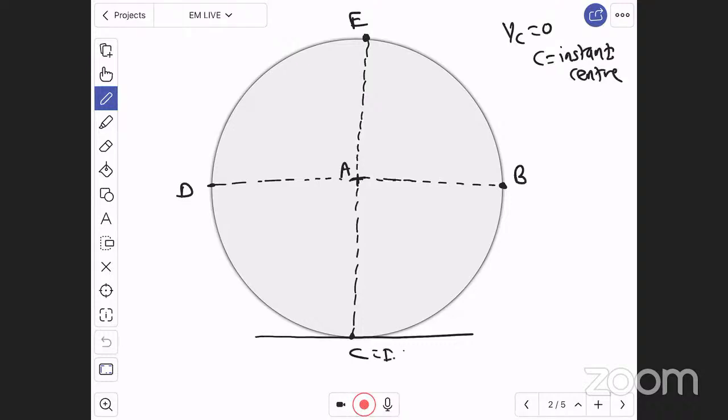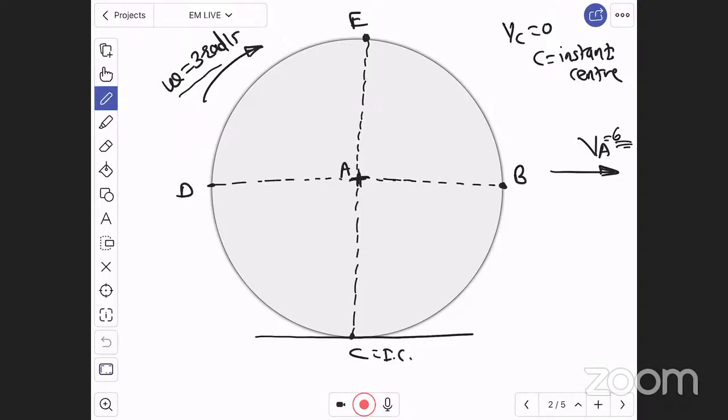In this plane motion problem, the wheel was rotating with angular velocity omega, that is 3 rad per second in clockwise direction, as well as moving forward with velocity of A, the center velocity, which is 6 towards the right. This is plane motion with respect to A.